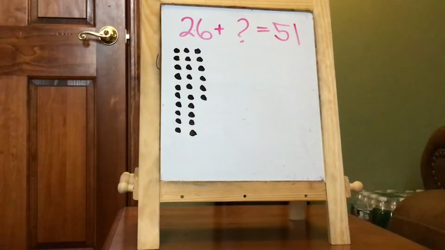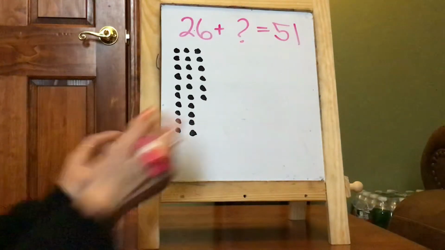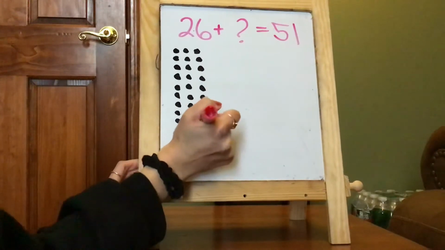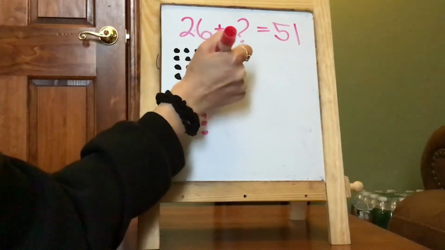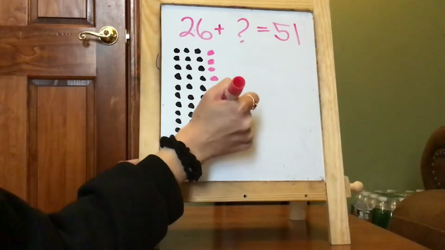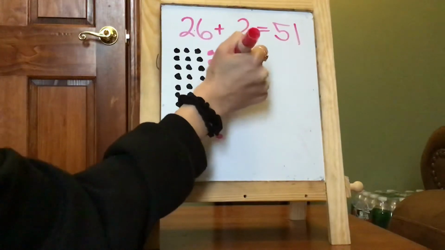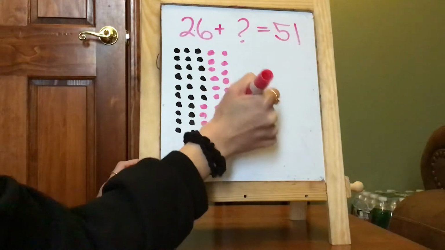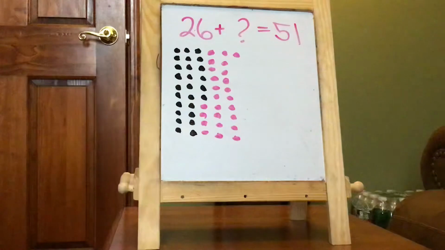One way you can do that is to continue counting on from 26 and add your dots. 26, 27, 28, 29, 30, up to 51.